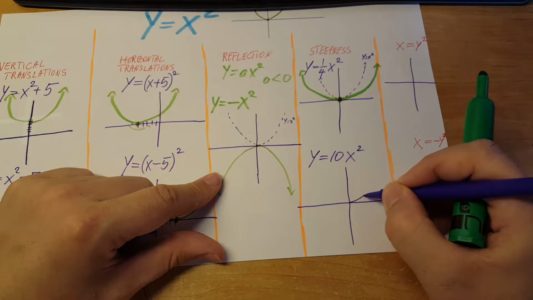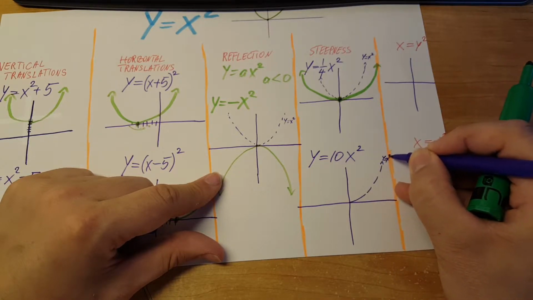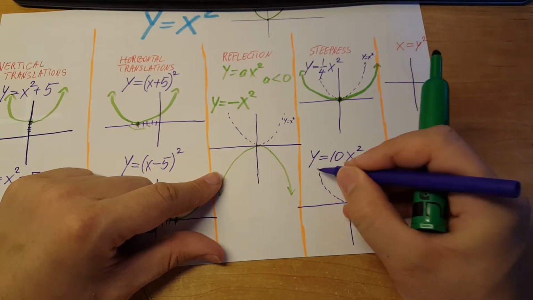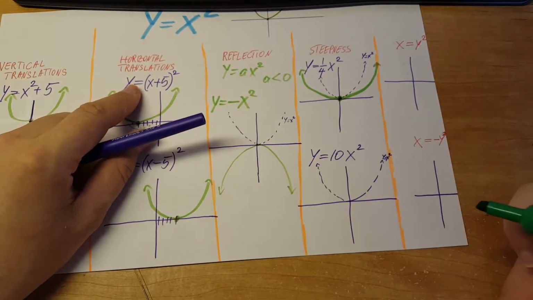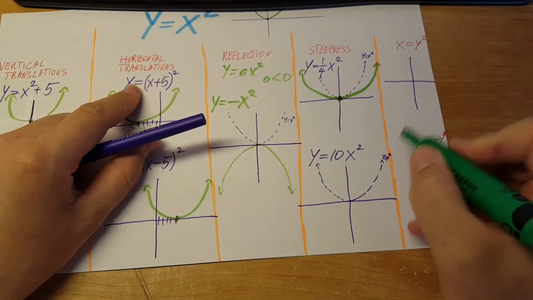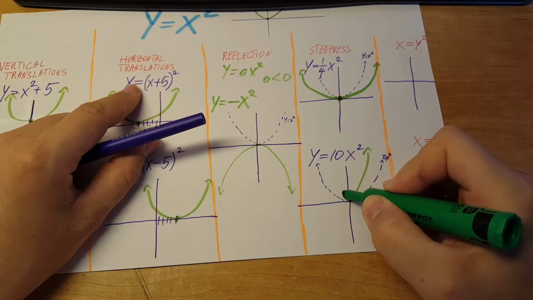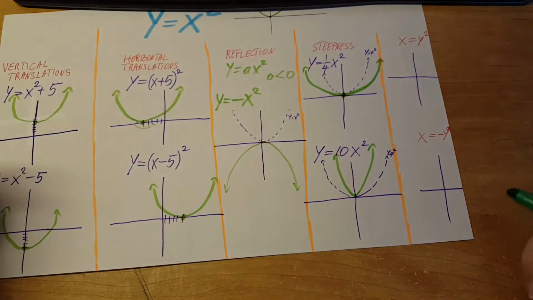So if this was our y equals x squared, then the 10 will cause it to be a lot steeper than x squared. So you'll go upwards in a lot steeper fashion.